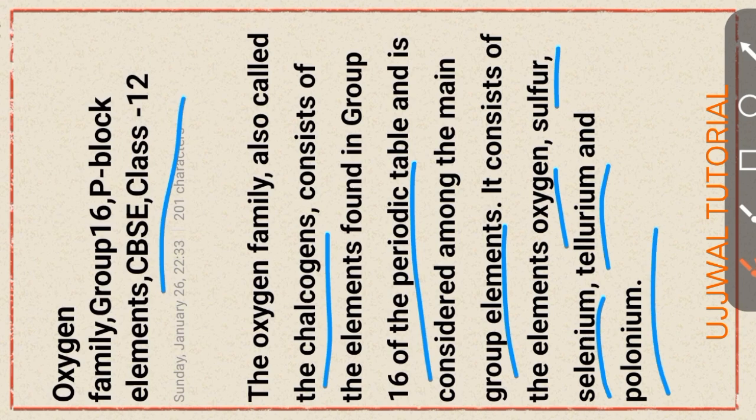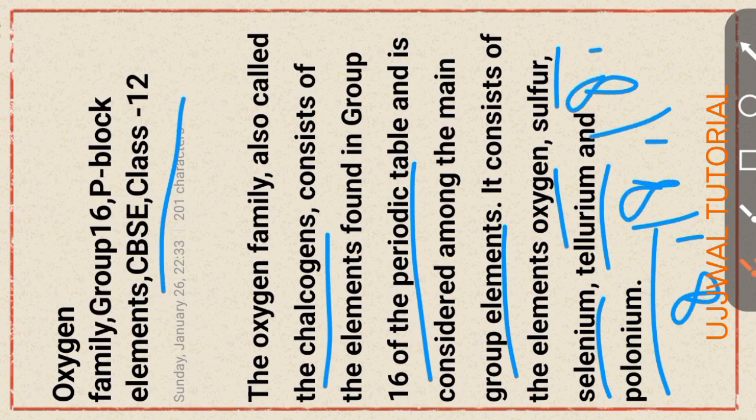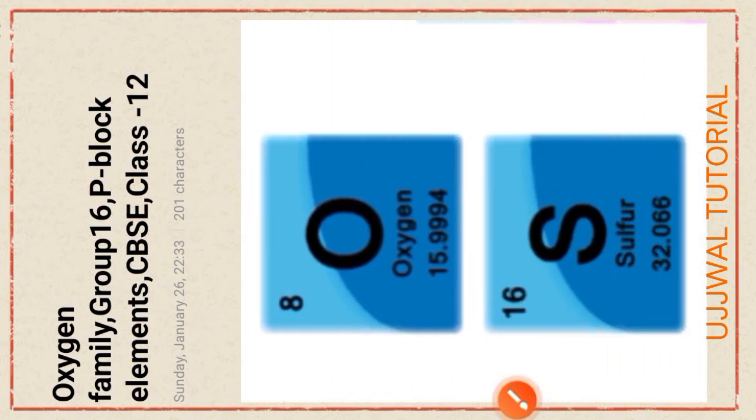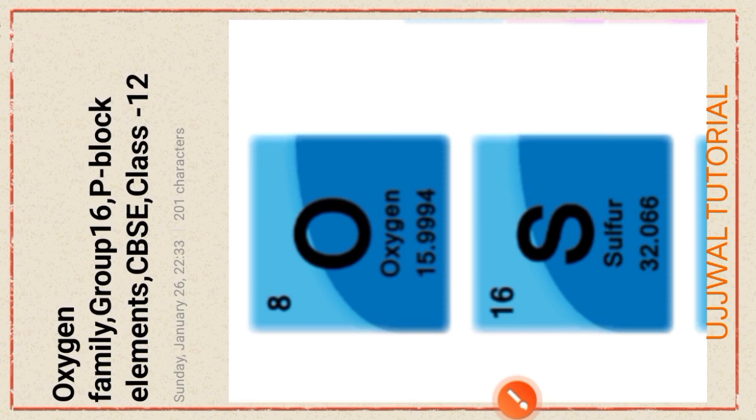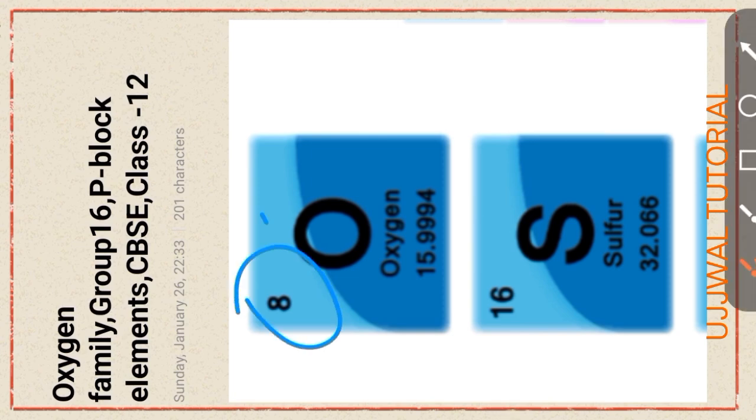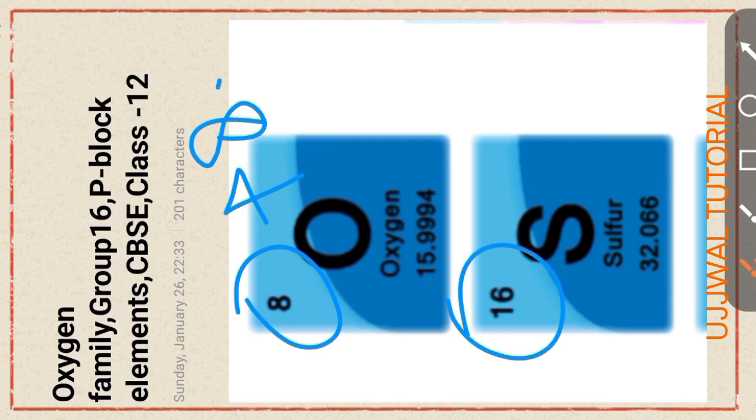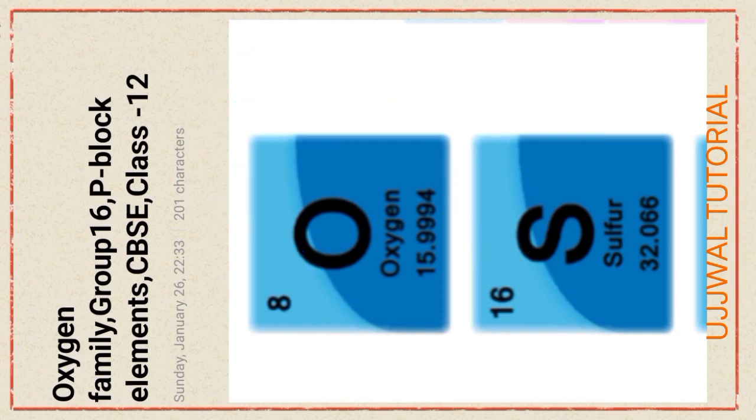Follow the pattern to find the atomic numbers: 8, 8, 18, 18, and 32. Oxygen has atomic number 8. Adding 8, the atomic number of sulfur is 16.